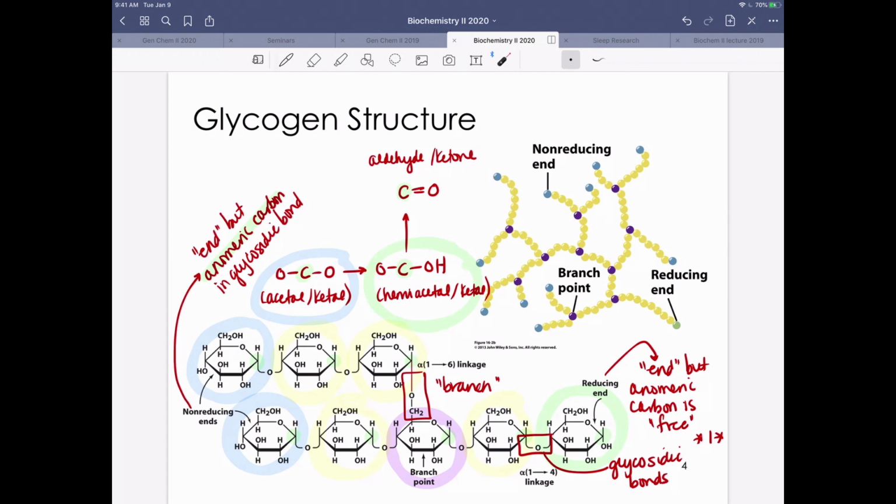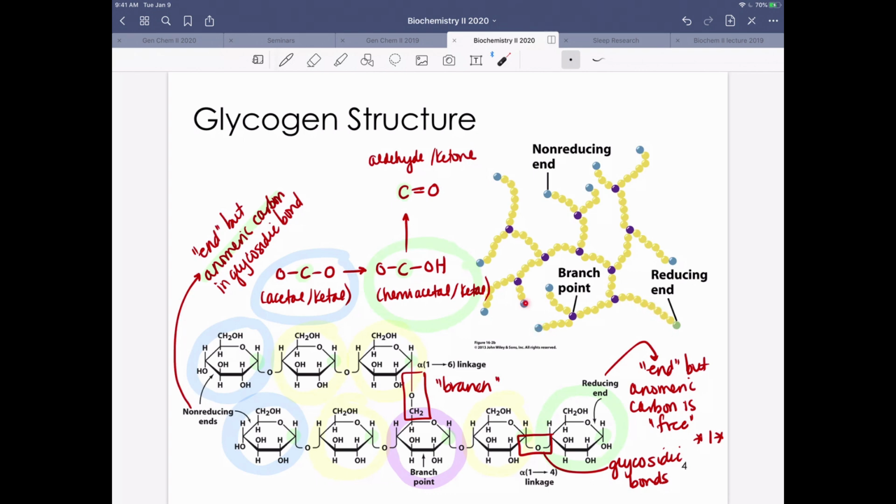You learned in organic chemistry that you protect aldehydes or ketones by making them into acetals or ketals, or at the very least, hemiacetals or hemiketals. That helps protect that reactive functional group. So what we'll see here is that there's always only going to be one reducing end. One reducing end. This is kind of where this glycogen polymer started.